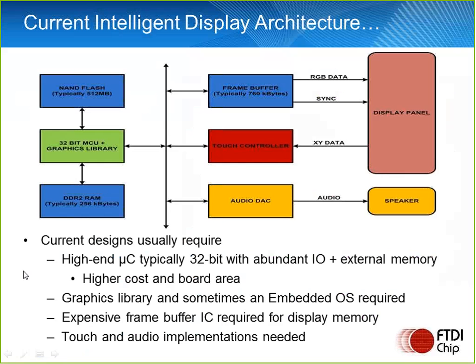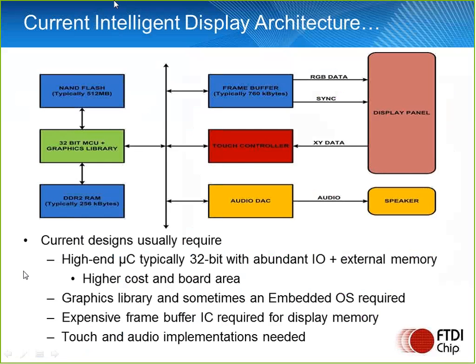Not only do you require a high powerful top quality 32-bit MCU, which you can see in the green box, but you would also require additional components such as a frame buffer in the blue, a touch controller, a separate audio chip. All of these take up valuable board space within the product.